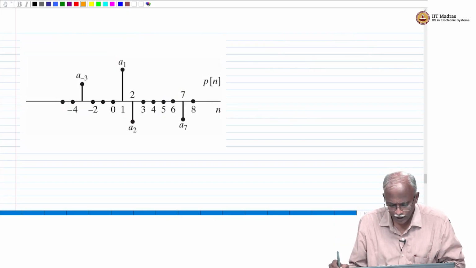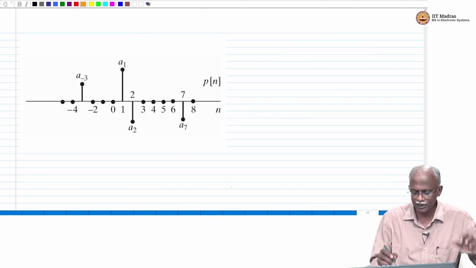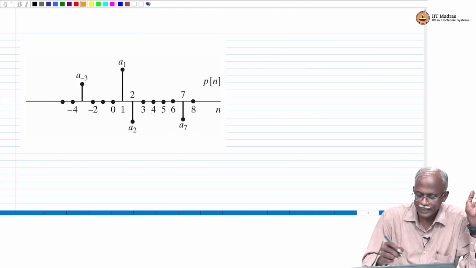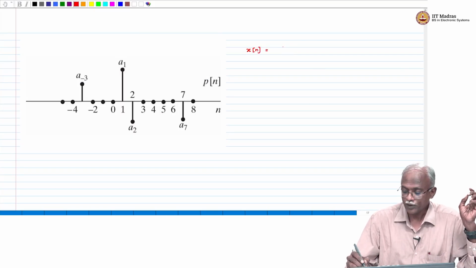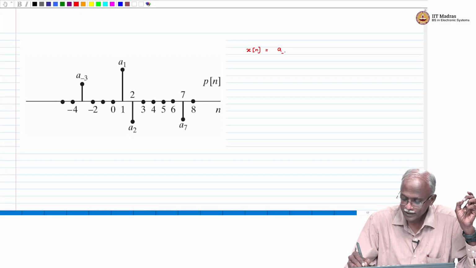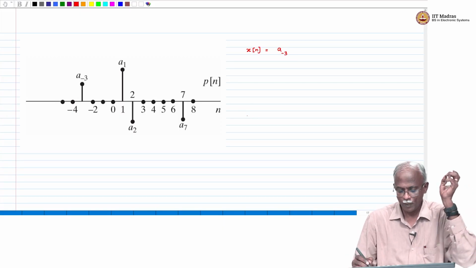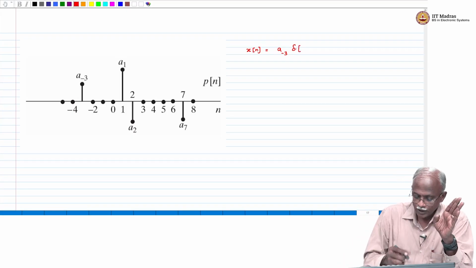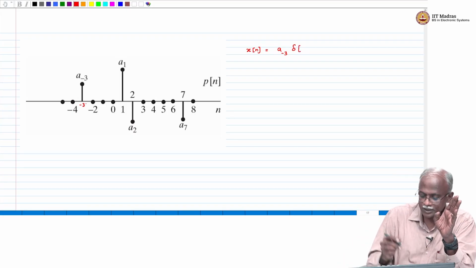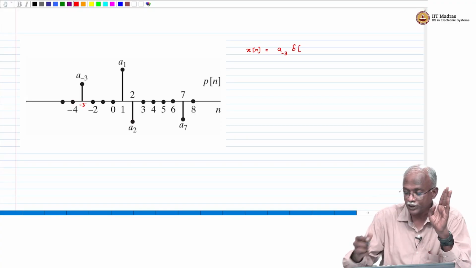Okay. Another example that would be useful for you to write down is to give me the expression for x of n. Okay, x of n would be equal to a of minus 3 is the scale factor, delta of, it is corresponding to a position minus 3, it is advanced by 3 units of time.